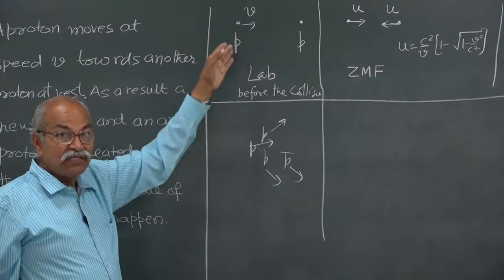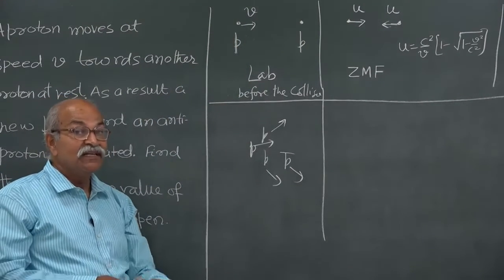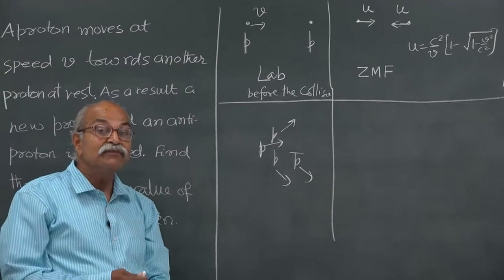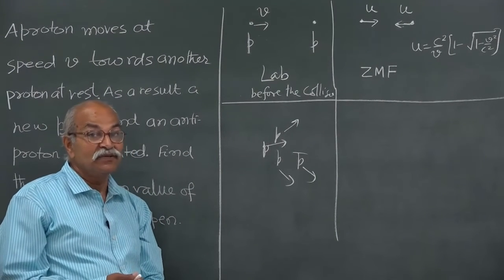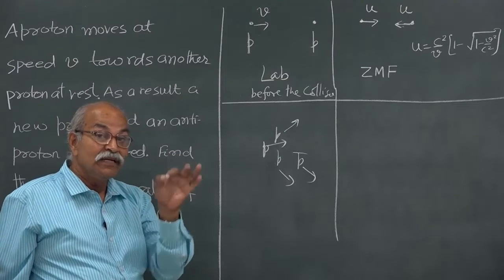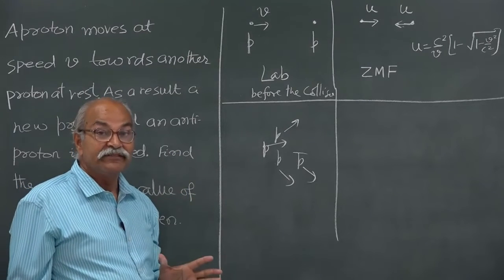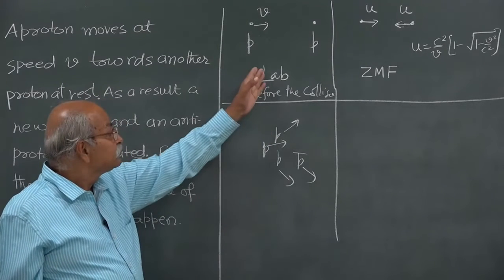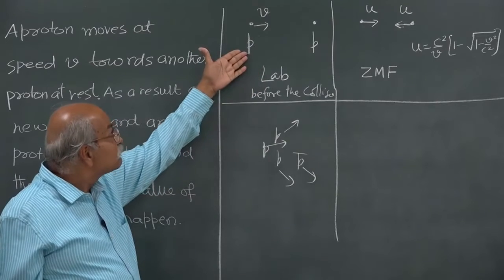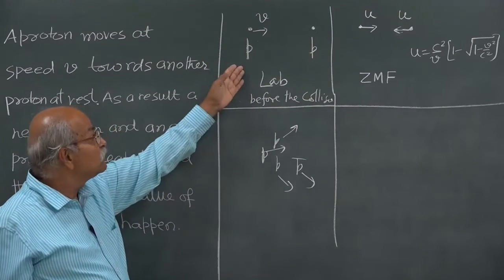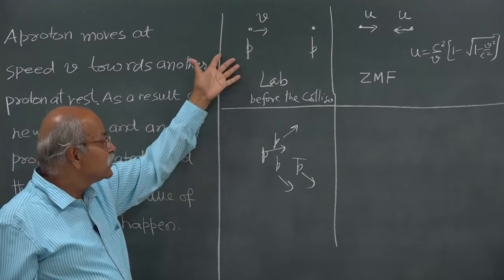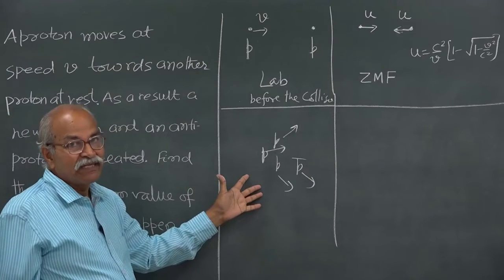This is because before and after the collision the linear momentum does not change, and the total energy does not change, that is the energy momentum conservation principle. Before the collision you have some momentum, the same momentum you will have here. Before the collision you have some total energy, the same total energy you should have here.